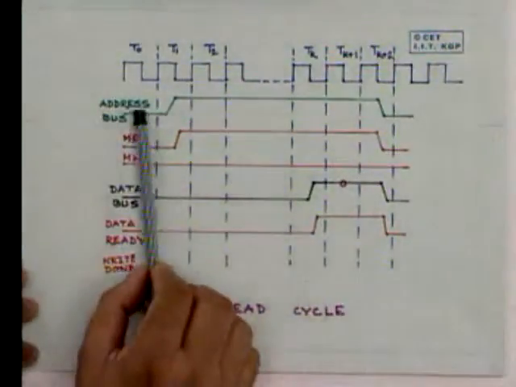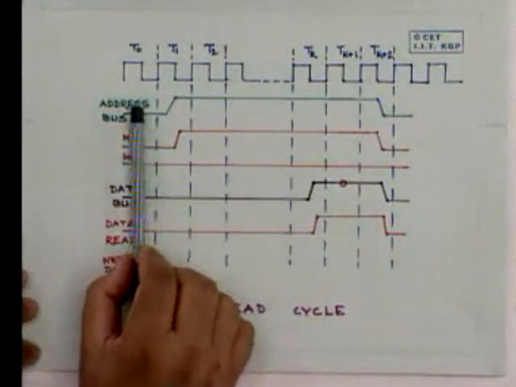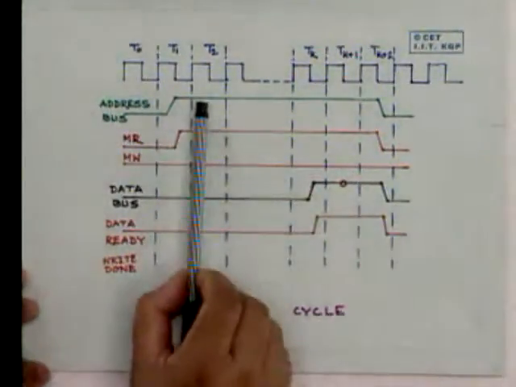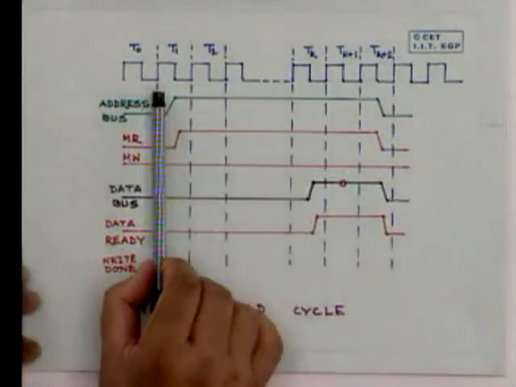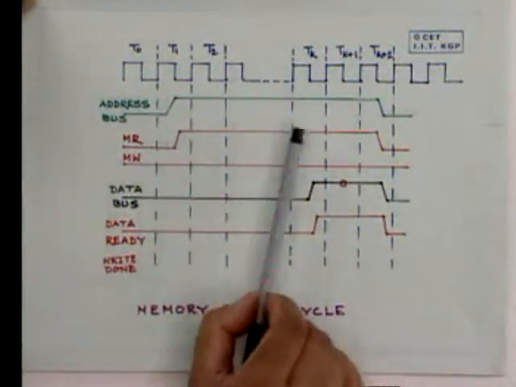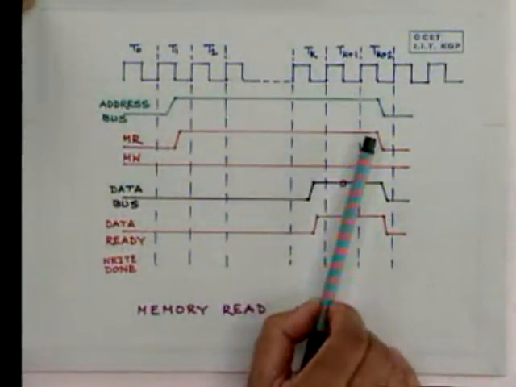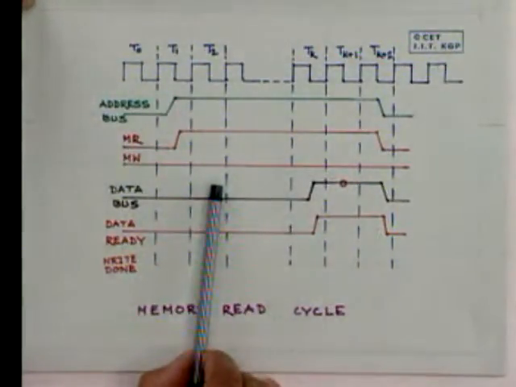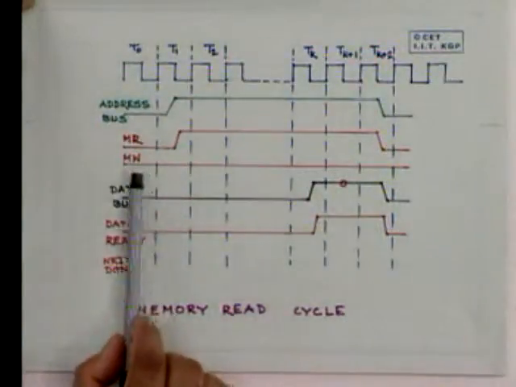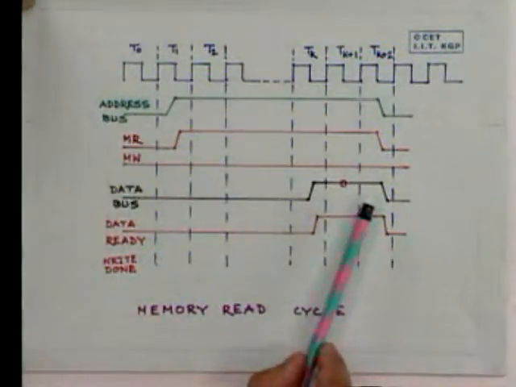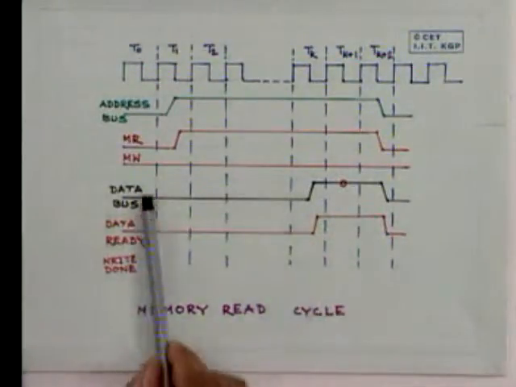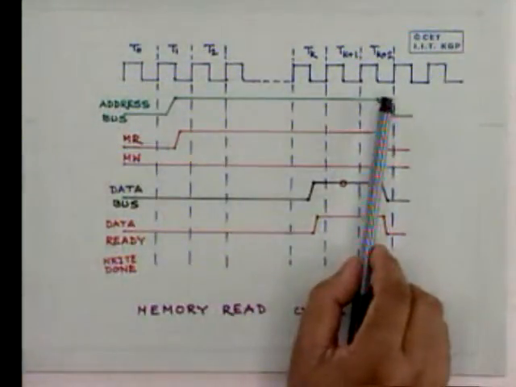This is a possible way of sending protocol signals, address information and data information so that data can be read from the memory. We call the entire thing from here to here a memory read cycle.